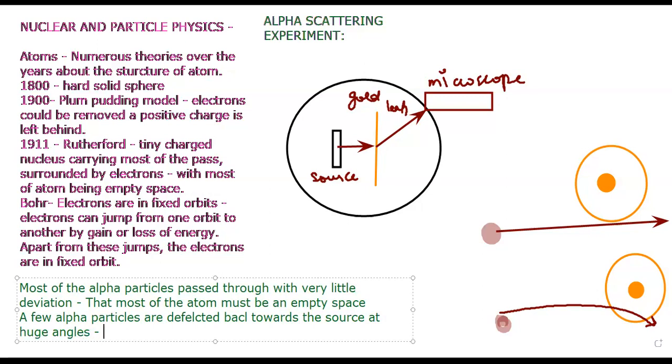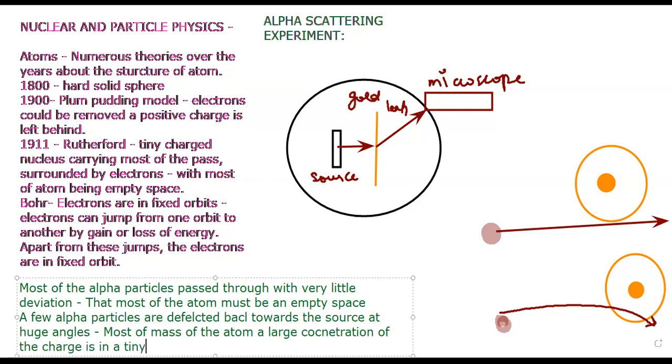So they said, why is this happening? This allowed them to figure out that actually most of the mass of the atom and a large concentration of the charge is in a tiny central nucleus.